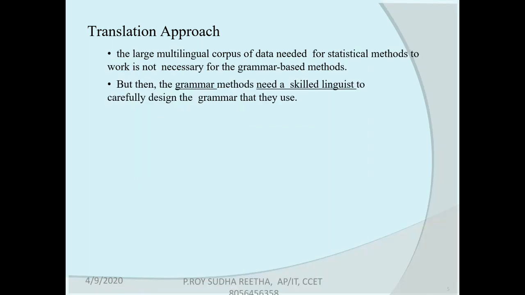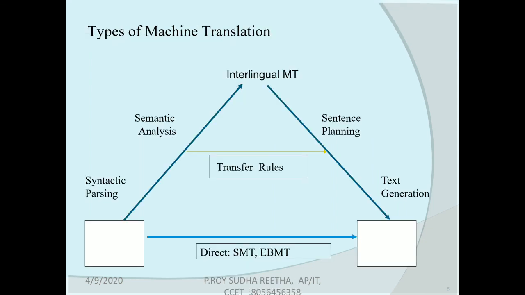The translation approach requires us to generate grammar methods, and that needs a skilled linguist to design the grammar that they may use. These would be the types of machine translation we are going to use in this section.